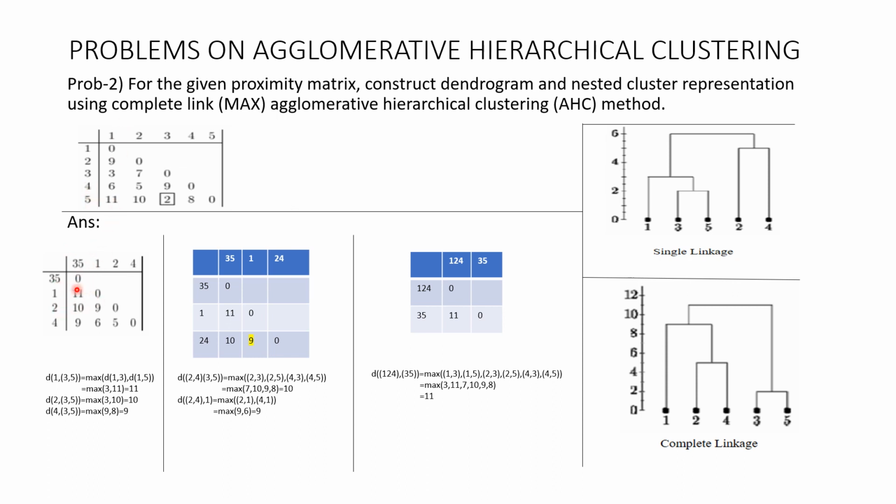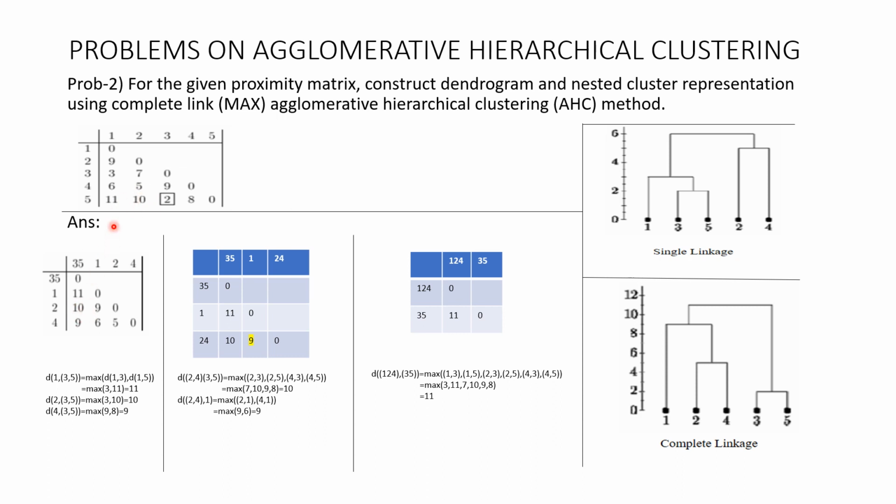11. The maximum is 11. Next, you calculate the distance from 2 to 3, 5: the maximum of 2 to 3 and 2 to 5. What is the distance from 2 to 3? It is the same as 3 to 2, 7. What is the distance from 2 to 5? 5 to 2, same, 10. So 10 is the maximum value.